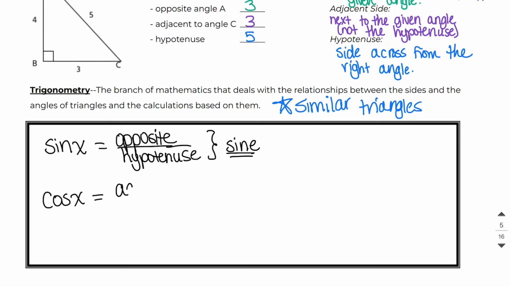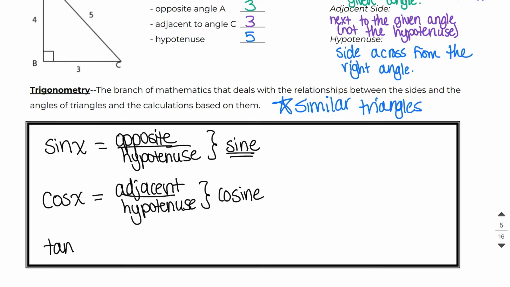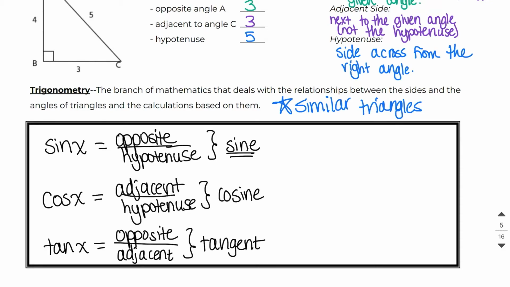That is the adjacent over the hypotenuse. And this right here is spelled cosine. And then our last trig ratio that we're going to talk about in this class is the tangent of x, and that is the opposite over the adjacent. And this is written out as tan, spelled tangent.